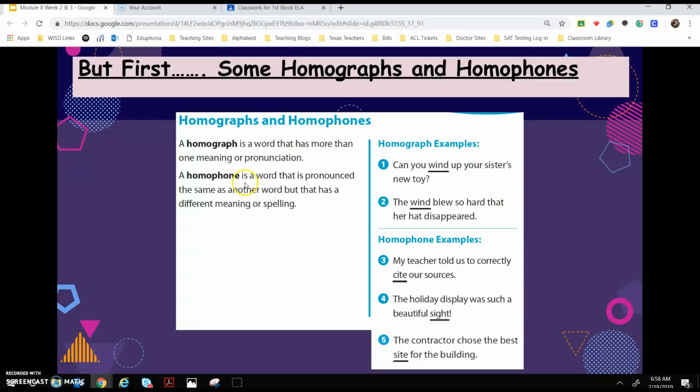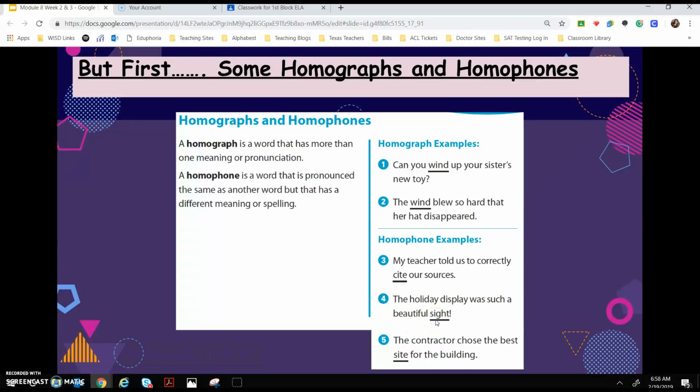Now, a homophone is a word that is pronounced the same as another word, but that has a different meaning or spelling. So when we come over here to homophone, we see my teacher told us to correctly cite our sources. So this means to cite where you got certain sources on a paper. Then we come down here, the holiday display was such a beautiful sight.